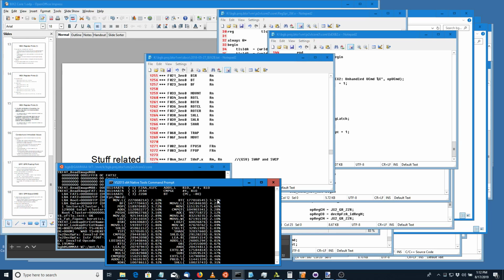Branching, also pretty common. More branching. Unsigned double word. So in these cases, a fair chunk of the clock cycles, and after that, pop and register moves.